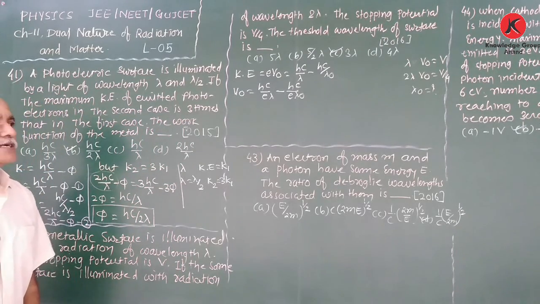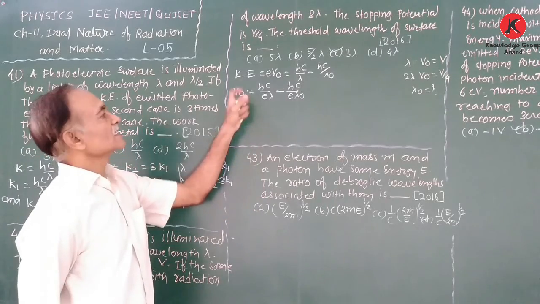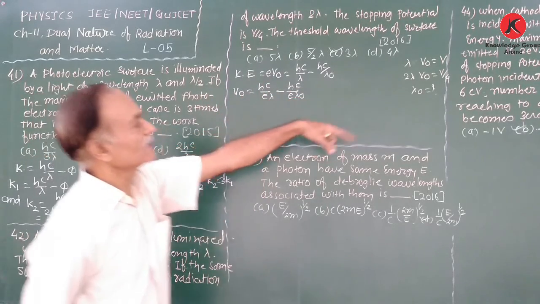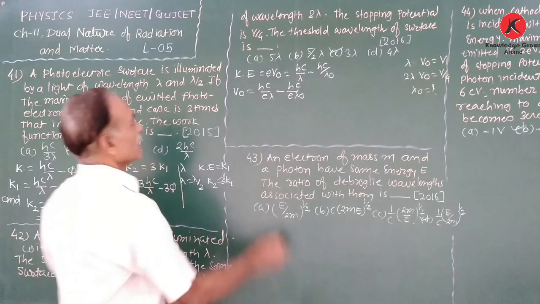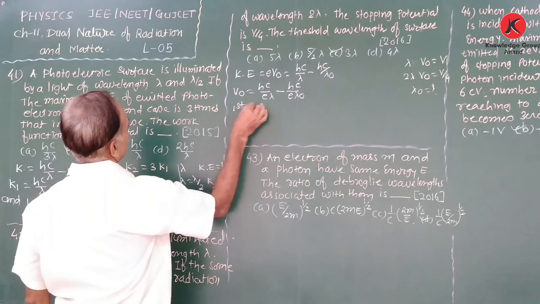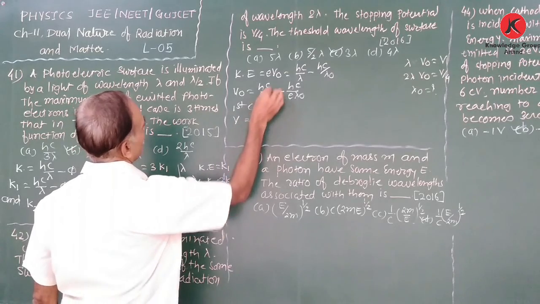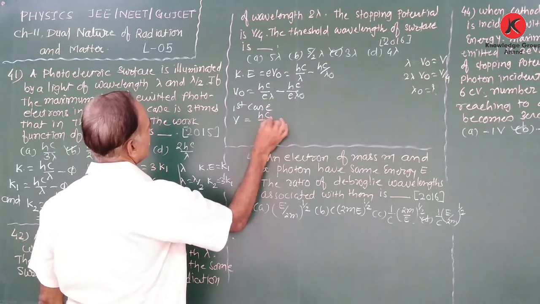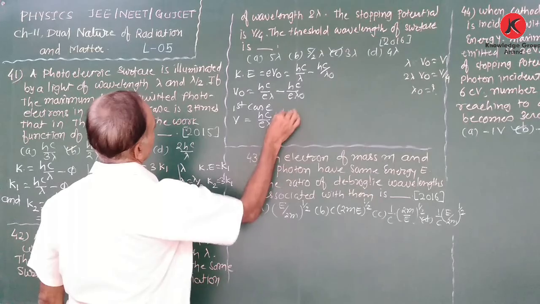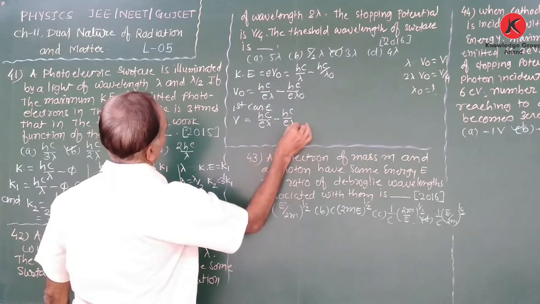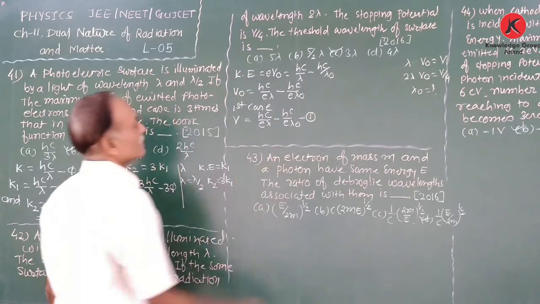Clear this? Here, initially the stopping potential is given as V when the wavelength is lambda. Therefore in the first case, the stopping potential is V when the wavelength of incident radiation is lambda. That is our equation 1.